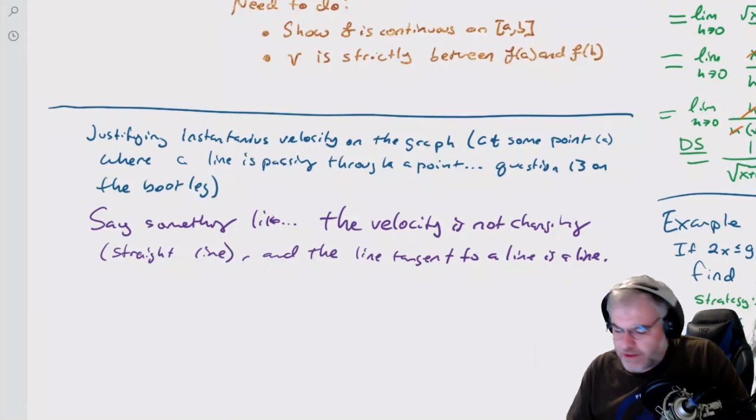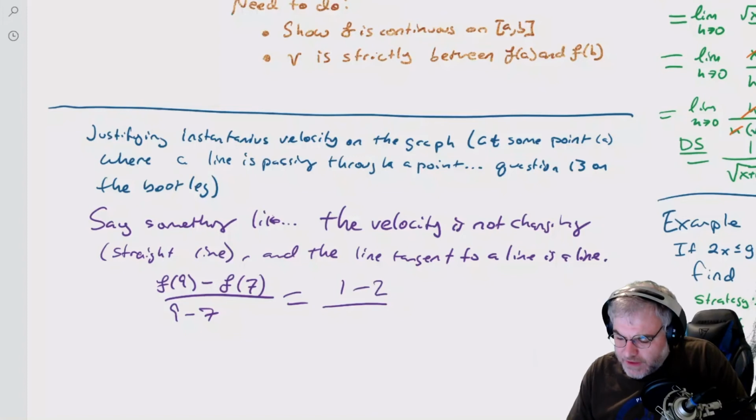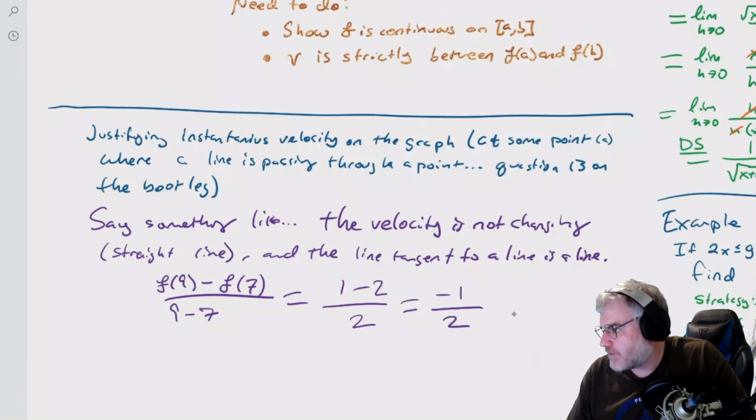So on this particular equation, do f of 9 minus f of 7 over 9 minus 7. All right, and then that is f of 9 is 1, f of 7 is 2, over 9 minus 7 is 2, which equals negative 1 over 2. And then don't forget your units. So this is meters per minute.